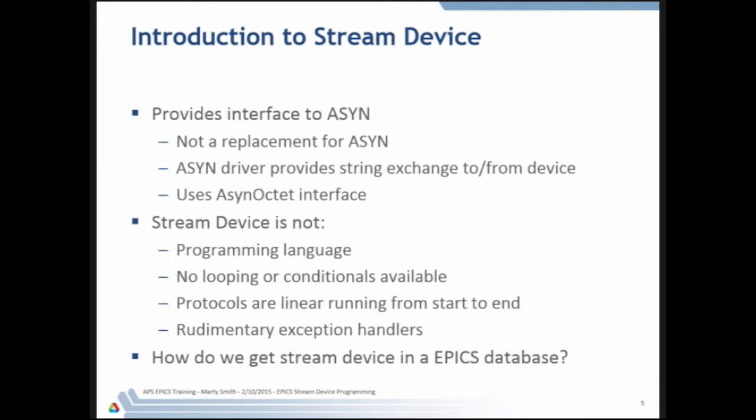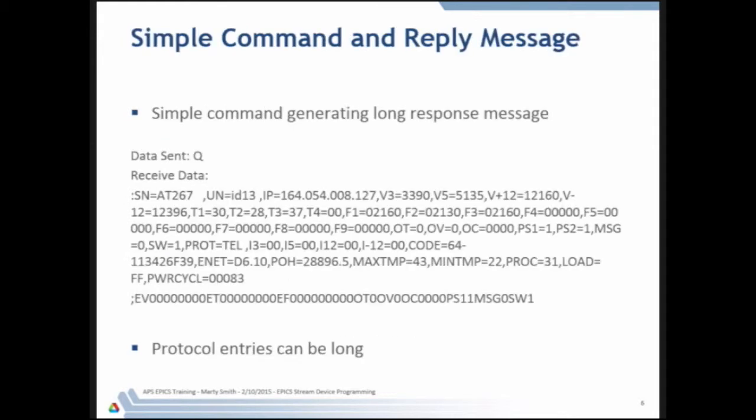So how do we get this to work with an EPICS database? We have a simple command here. Here's a good example of a command and response from a device that I talk to now. I send it a Q command, and what I get back is all this data. Your protocol is responsible for taking that string data and parsing it in order to put it into your EPICS database records.